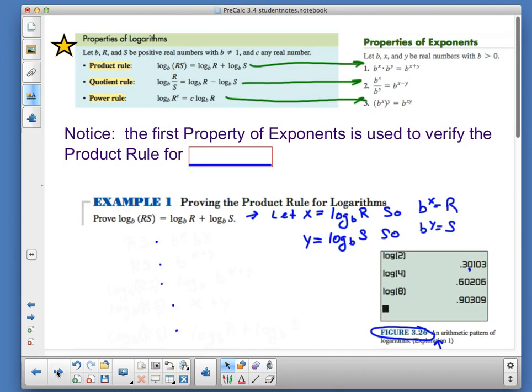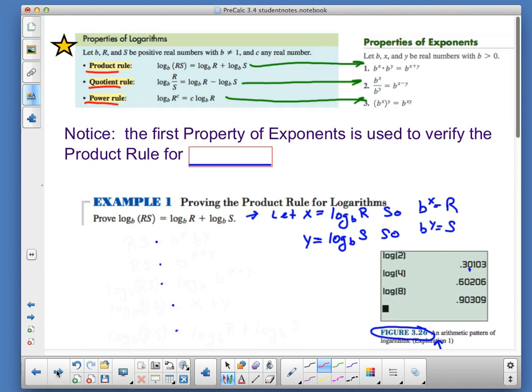Now, if I'm talking about properties of logarithms, we've got the product rule, quotient rule, power rule. It's all about multiplying or dividing. You notice that? When I'm actually using a property of logarithms, I have something that's multiplied, like the factors inside the product rule. I've got log of base b, and that's true for log base 10, log base 2, log base a half, or the natural logarithm.